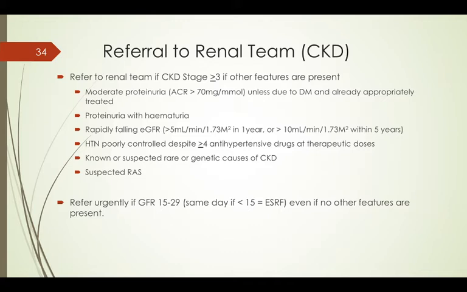If you've got suspected genetic causes of chronic kidney disease and suspected renovascular problems like renal artery stenosis. And definitely if you don't have any of these, but the patient is CKD stage 4 or above, you need to refer very urgently.